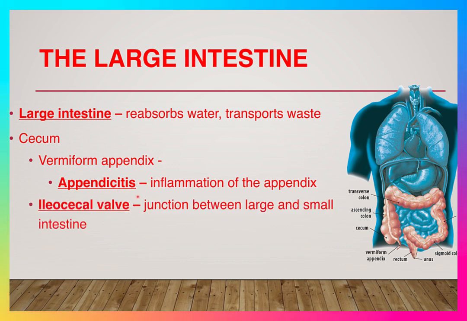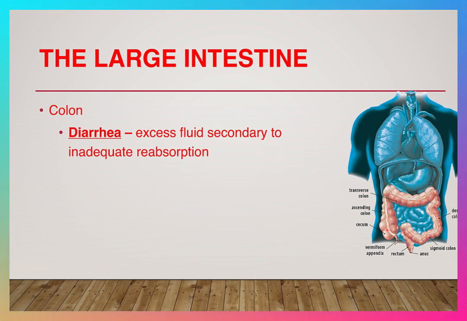And the valve between the end of the small intestine and the large intestine is called the ileocecal valve, and it acts to allow the food stream to enter into the colon. If, for whatever reason, the colon does not reabsorb enough fluid, it can result in what we call diarrhea.